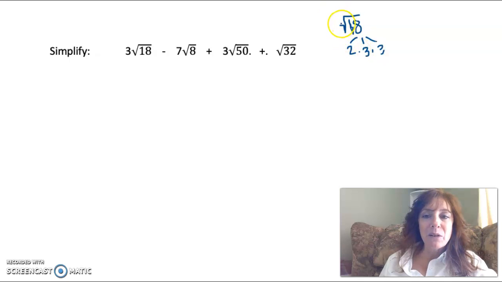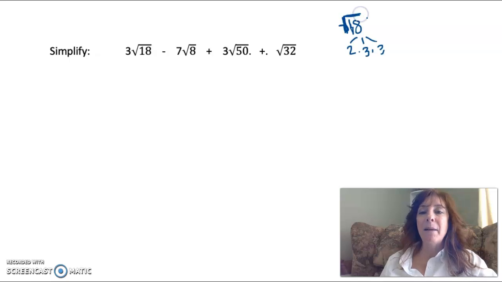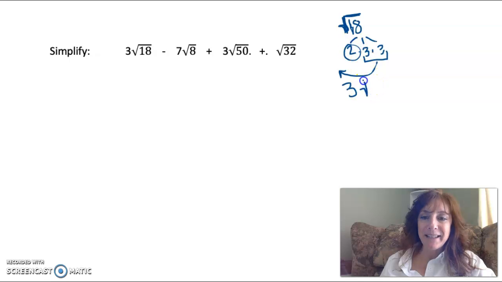A square root means a square is something times itself. So if we find anything times itself, then it can come out from under that radical, but you only need one of those factors, just one 3. So this will come out as a 3, and the 2 is still trapped inside, and it simplifies to 3 square root of 2.